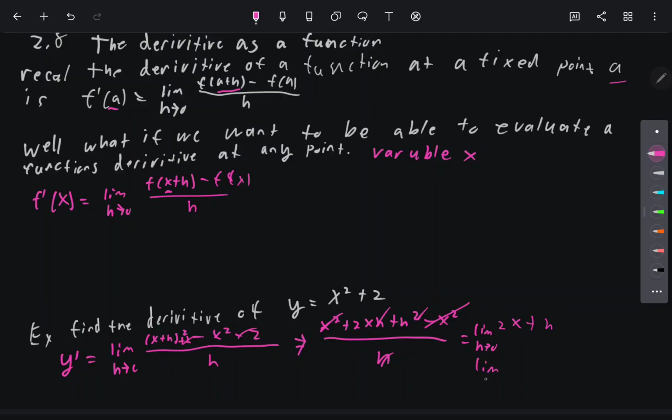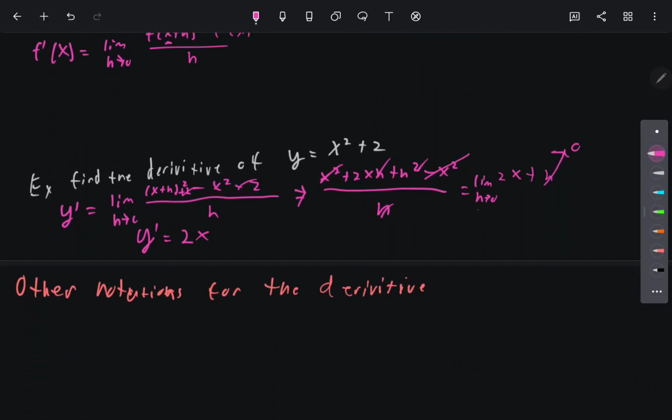So now, as h approaches 0, this h is going to go to 0, so we're just left with 2x. So y prime is really just equal to 2x. Interesting. So that suggests that the derivative of a parabola is a line. Very interesting.